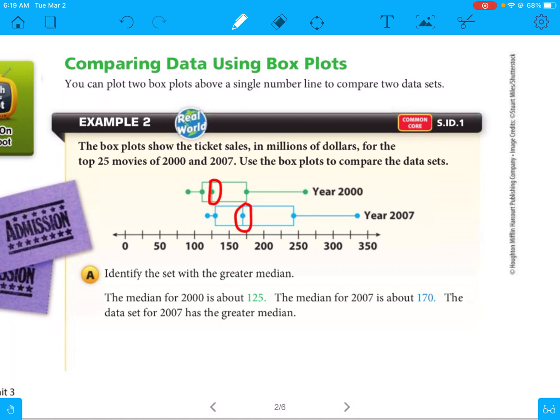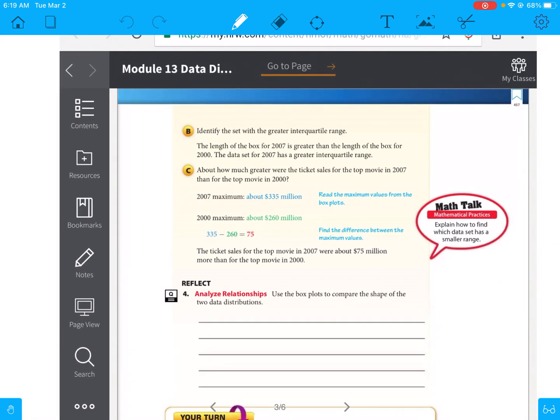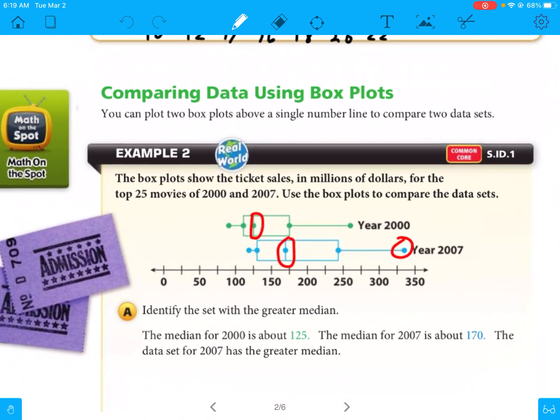You could also ask which one has the highest selling movie. That would be your highest one, which would also be year 2007. Identify the set with the greater interquartile range. You can go back here and look at your interquartile range.